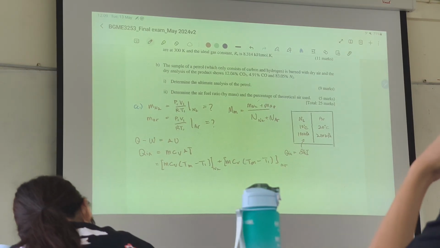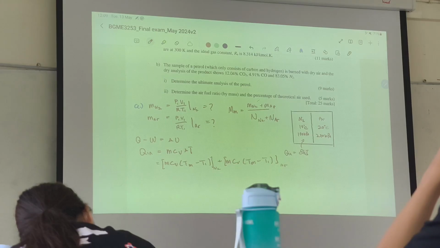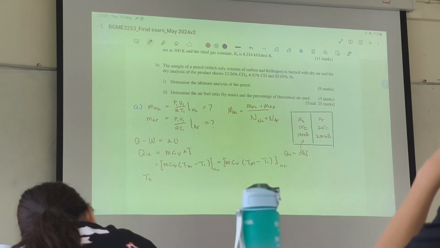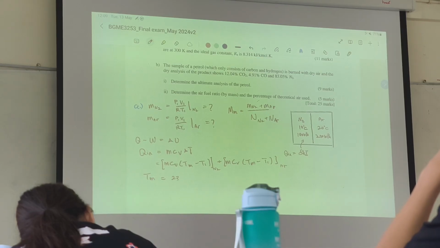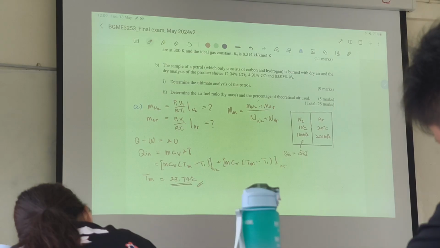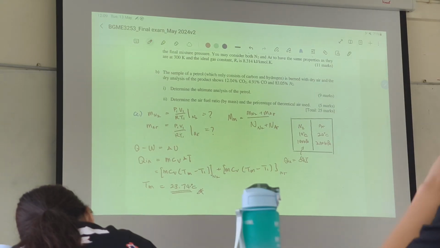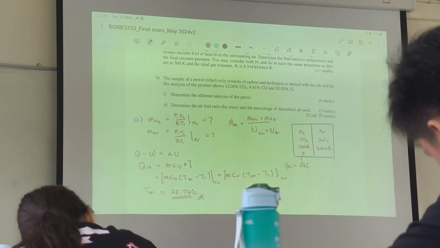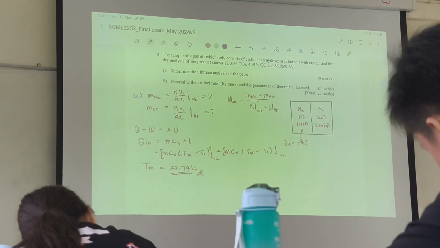So you found the mass just now. Each of the mass, so you're not wrong. You need to find each of the mass. Then after that, you put in all the values, you can get Tm. So this is the final temperature, but you still need to find the final mixture pressure.